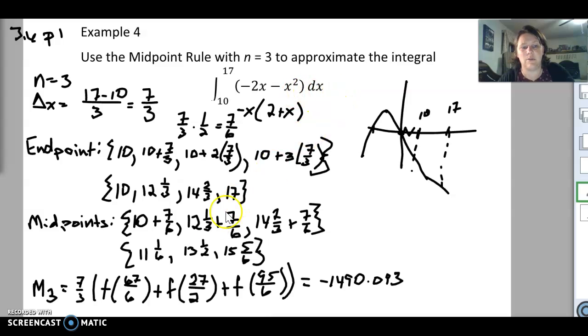Then went into my table, entered in these very lovely improper fractions, 67/6, 27/2, and 95/6. Then I took the values from each one of those, added them together, multiplied by 7/3. So remember, our midpoint formula is that we multiply by delta x, because that's going to be the width of each one of our intervals.